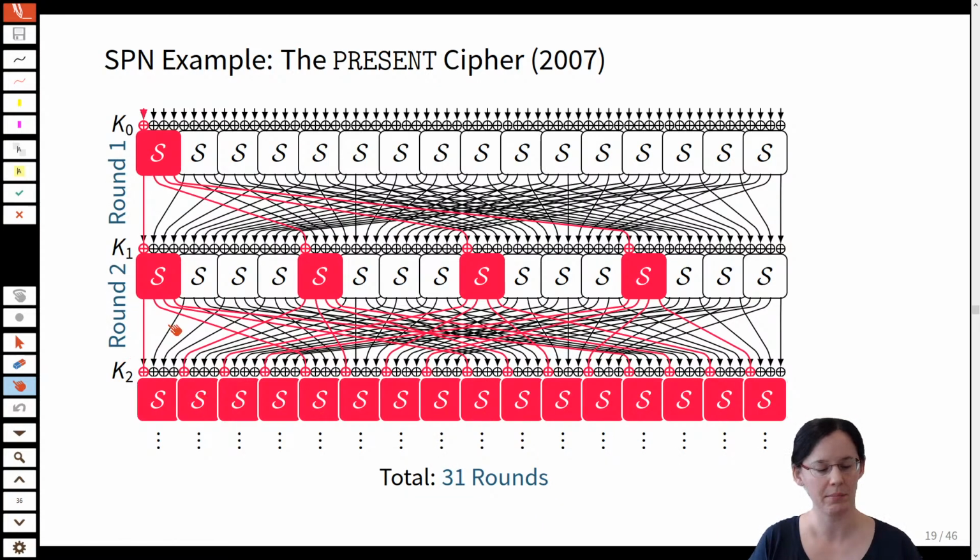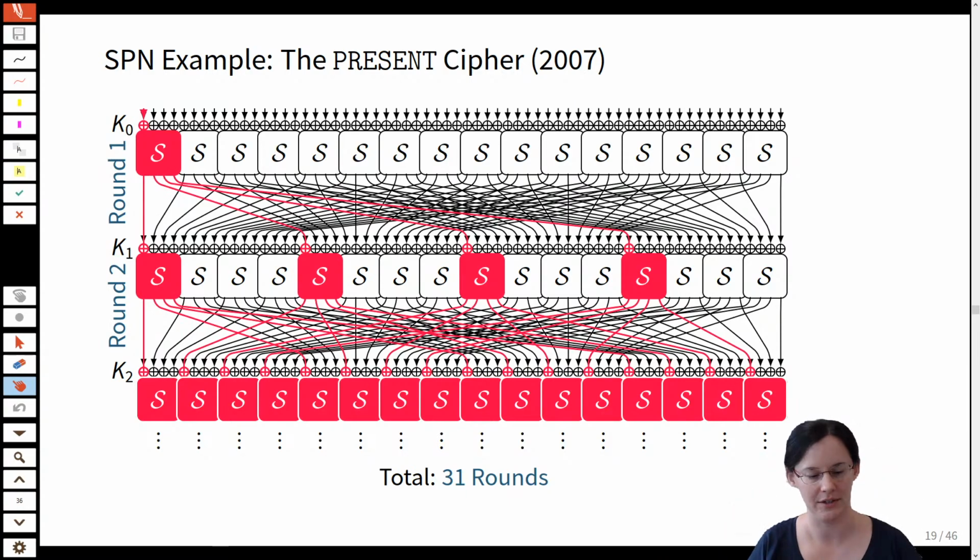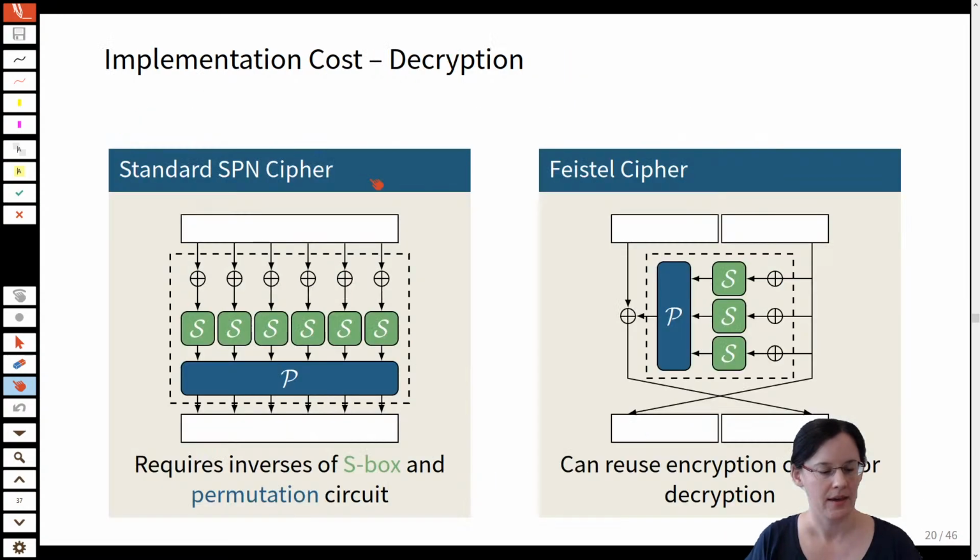So in the previous example, that's quite easy because following the lines forward is as easy as following the lines backward. However, of course, if I implement them in hardware or so, I would need to implement that separately so that I have a copy of the cipher that goes in this direction, and I have a copy of the cipher that goes in the other direction. For the S box, it's the same thing.